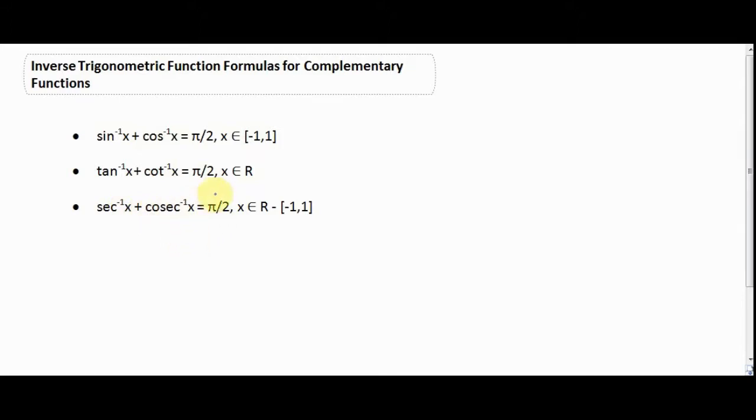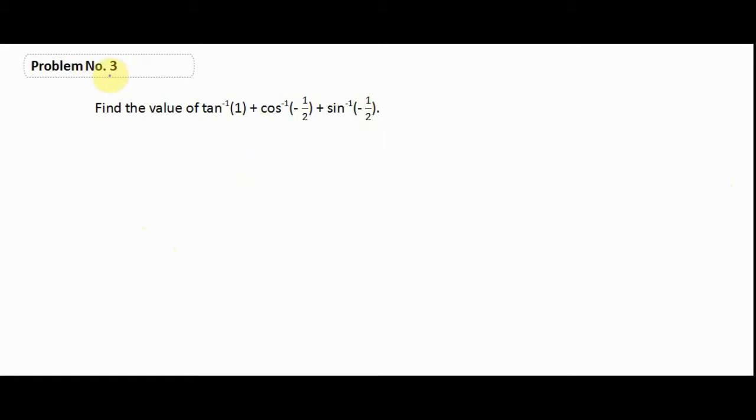Now let's see one problem related to this set of formulas. Problem number 3, find the value of tan inverse of 1 plus cos inverse of minus 1 by 2 plus sine inverse of minus 1 by 2. We know that tan inverse of 1 is nothing but pi by 4.